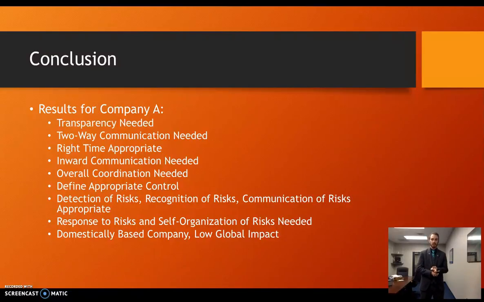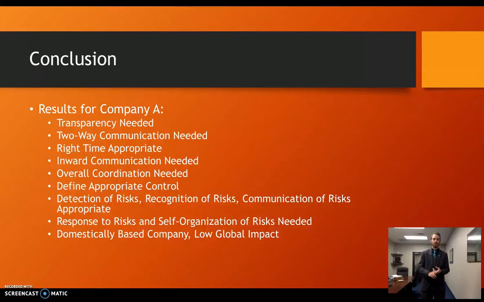In addition, two-way communication is needed because there was not enough upwards communication to help the upper levels of the organization mitigate the damage and respond to the risk of a situation. However, their right-time information provision was very good. Their public relations officer handled the situation with good adaptability, and ensured that employees, the upper levels of the organization, and the public, including the media, all had information at the right time.